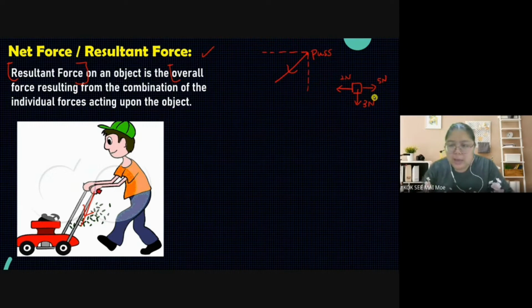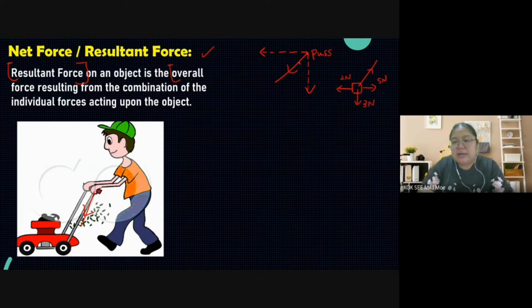Up and down, okay. Left and right, okay. But you cannot say up and left together plus. No, cannot. I also have another one like this. You also cannot, because they have an angle. With an angle, we need to separate, make it become horizontal and also vertical. So this one is one of the examples.